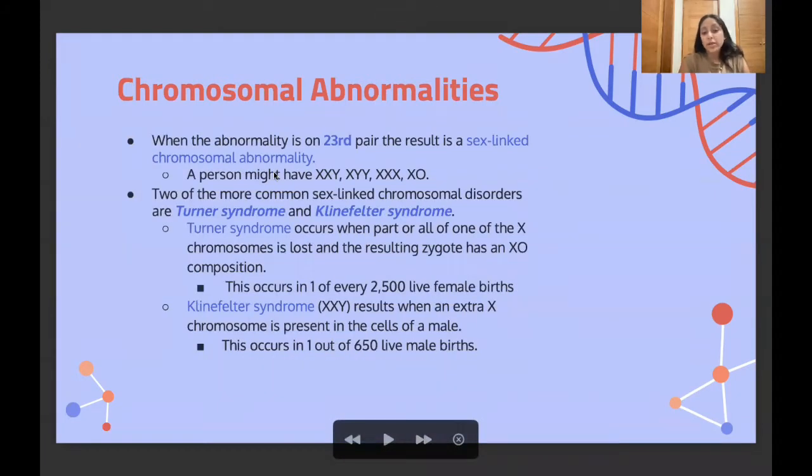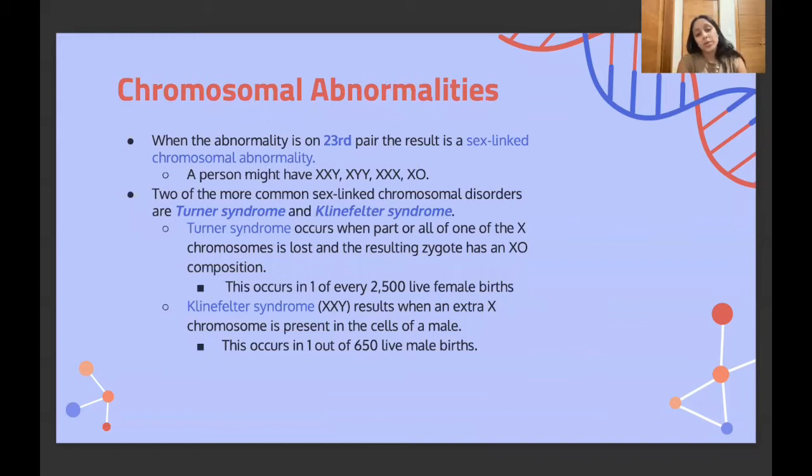When the abnormality is on the 23rd pair, the result is a sex-linked chromosomal abnormality. A person may have XXXY, XYY, XXX, or XO. Two of the more common sex-linked chromosomal disorders are Turner syndrome and Klinefelter syndrome.